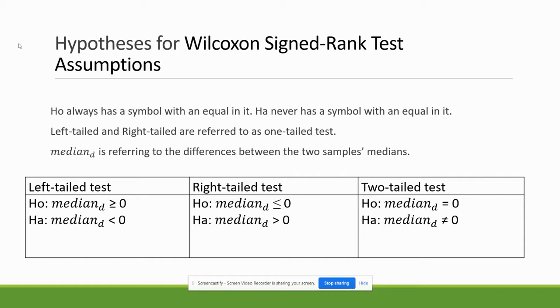For the right-tailed test, the null hypothesis is the median difference is less than or equal to 0, and the alternative is the median difference is greater than 0. And for the two-tailed test, you've got your null where the median difference equals 0, and the alternative is the median difference does not equal 0.